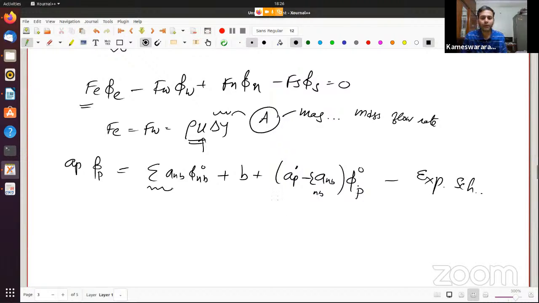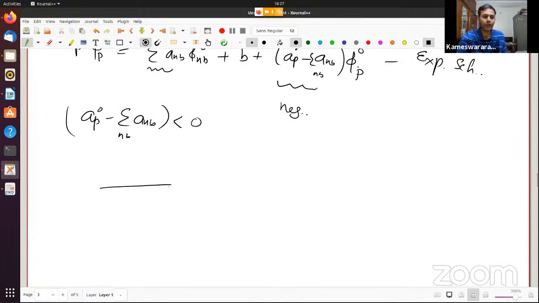But if AP0 minus sigma A_nb is less than 0, that means if AP is less than sigma A_nb, then this is not good because you end up with a negative coefficient here. Then instead of getting bounded by these four neighbors, the phi P0 value, which is the time neighbor, may not be bounded.